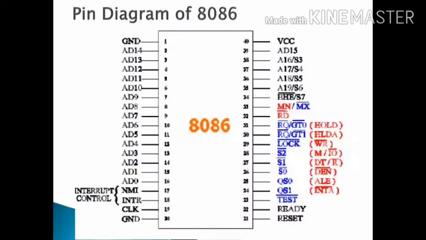And if Q status 0 pin is 0 and Q status 1 pin is 1, then due to a branching instruction, all 6 registers of the instruction queue are either cleared or flushed. And the fourth possibility is both the pins are set to 1.